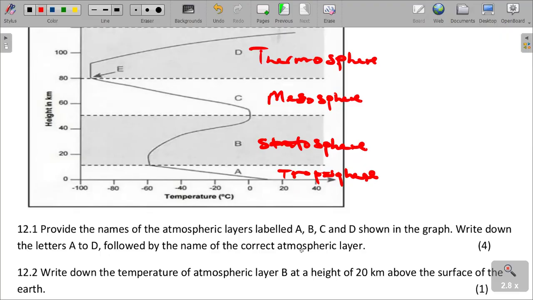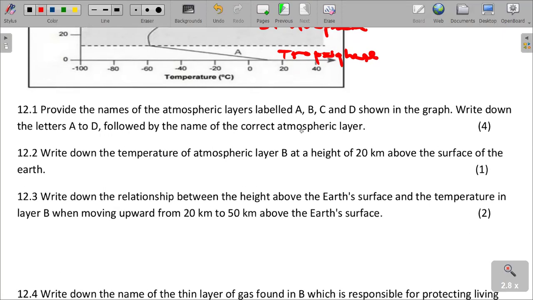That's our sphere. These are our atmospheric levels that we need to know: troposphere, stratosphere, mesosphere, just like that. And then write down the temperature of atmospheric layer B at height 20 above the surface of the Earth.